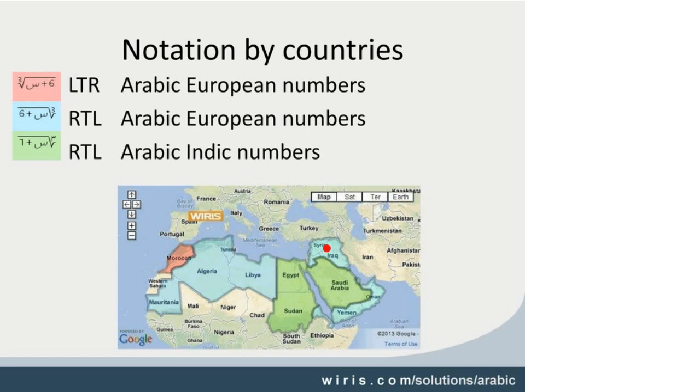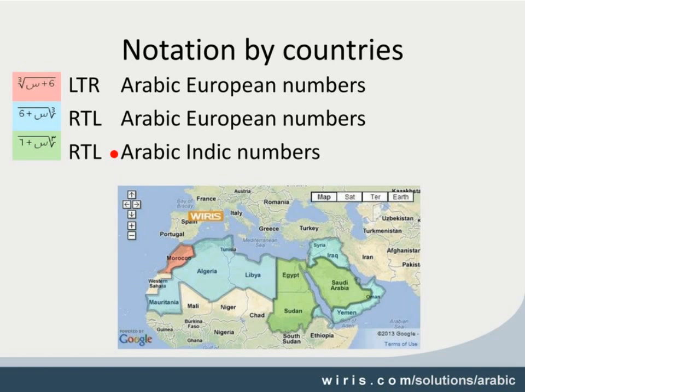For all the blue area here, so Mauritania, Algeria, Libya, Tunisia, Syria, Iraq, Oman, Yemen, and others, you get left to right for the formulas. Formulas are also mirrored, but you still get the European numbers, like this 6 and this 3, that at least I can easily recognize.